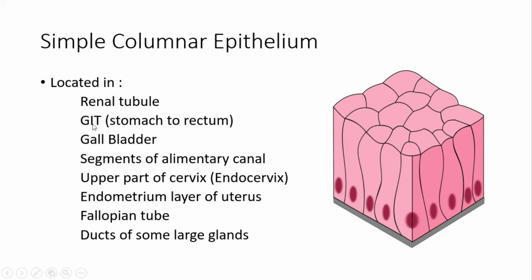And then some glands like the gallbladder, and segments of the alimentary canal, and basically in the female reproductive tract, where we have the upper part of the cervix, or the endocervix, in the endometrium layer of the uterus, in the fallopian tube, and in the ducts of some large glands.